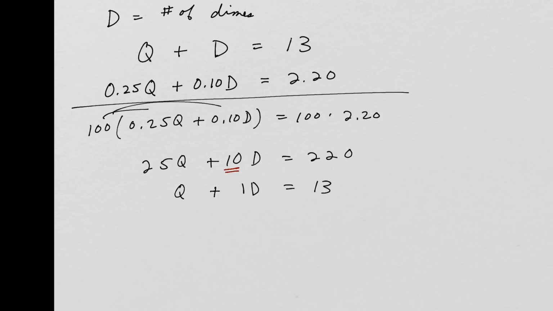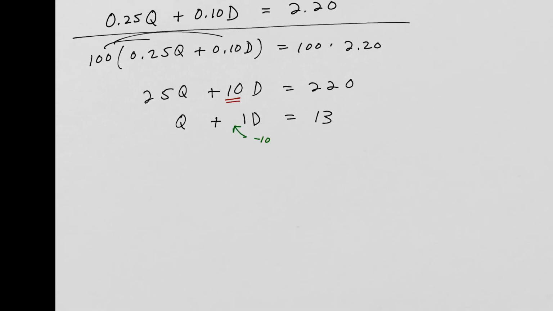I'd like to make this one a negative 10, because then when I add them, I can get rid of the D's. I can do that fairly easily if I multiply the second equation, both sides, by negative 10.